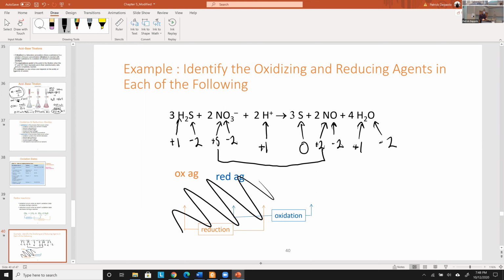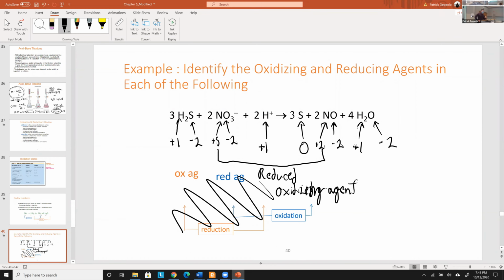Is that being oxidized or reduced? Reduced, good. And if it's reduced, it's the what agent? If you remember. Oxidizing, good, it's the opposite. So it's the oxidizing agent, which means it's forcing the oxidation of the other one.